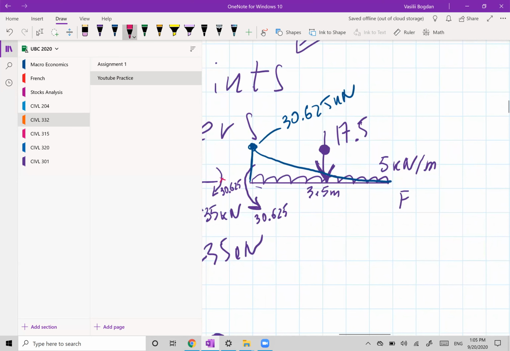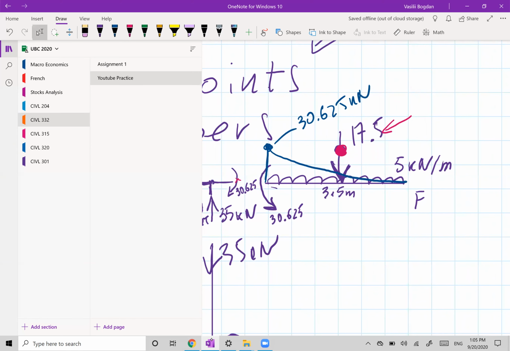Okay, so let's start from here. 17.5 acting equivalent load, right? That's equivalent load. Acting in the middle. So I have to counter it again by 17.5. Why not here? Because this is free end, there is nothing there. It's cantilever, right?